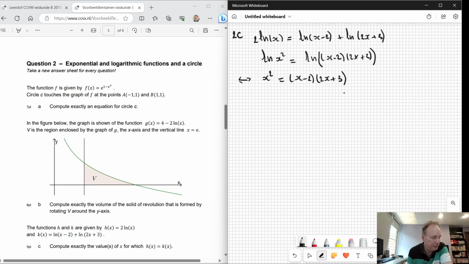Just need to be a little bit careful that any solutions have to be in the domains of the functions. Okay, is this correct?